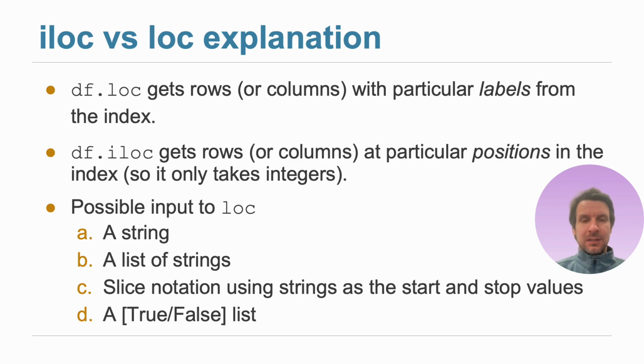You can put there a list, and then you get several entries. You can use the slice notation, and you can also use a big list of True and False that will say, I want these records and don't want those records. There is also iloc, which is similar to loc, but instead of using entries from the index, it just uses integers 0, 1, 2, 3, 4, 5 to address the rows.